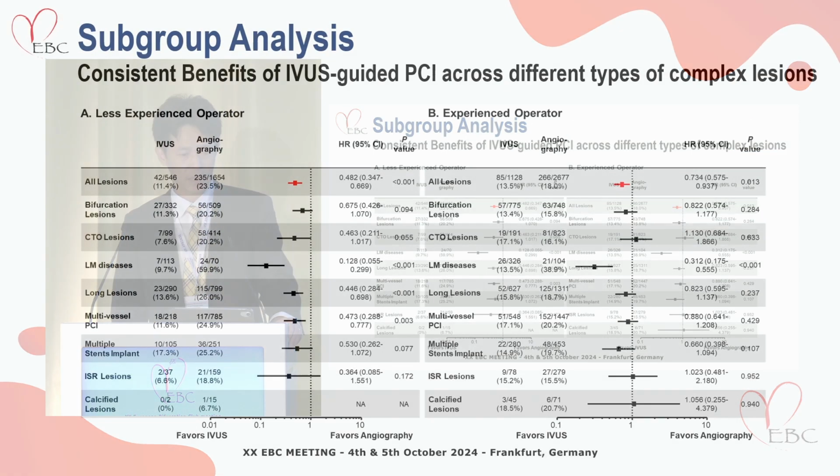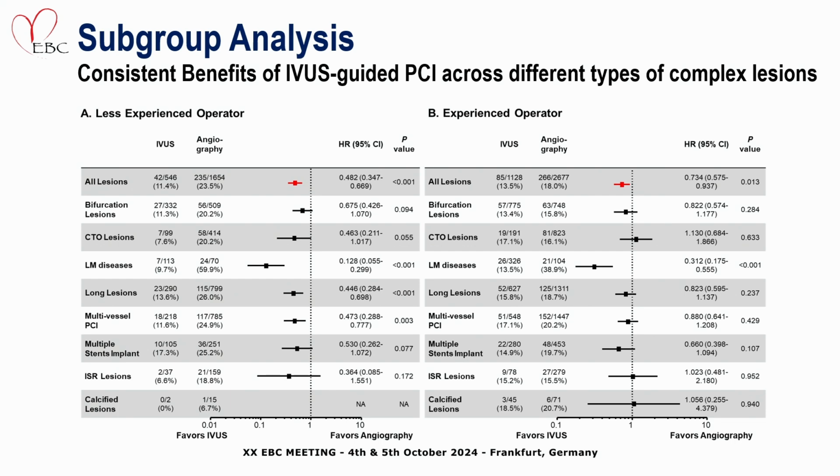Next, let's take a look at the subgroup analysis. As you can see here, the benefit of IVUS-guided PCI was consistent across different types of complex lesions, regardless of operator experience. Particularly, patients with left main disease benefited the most from IVUS guidance in both groups.